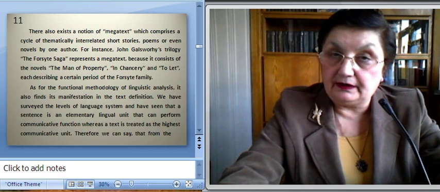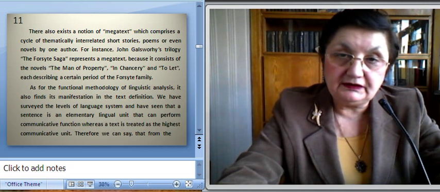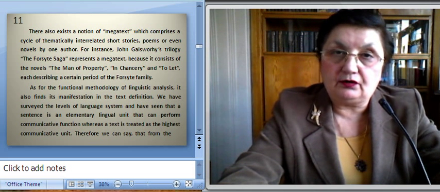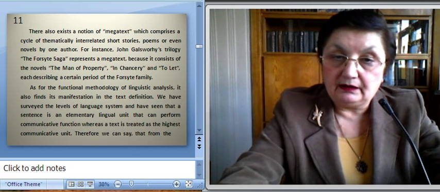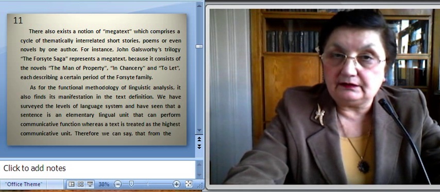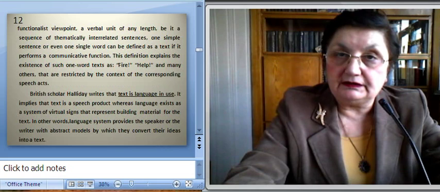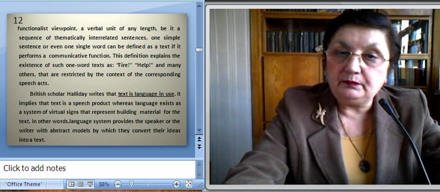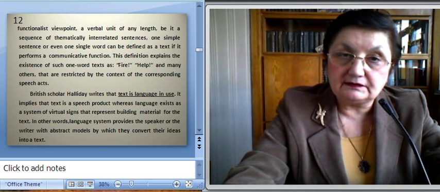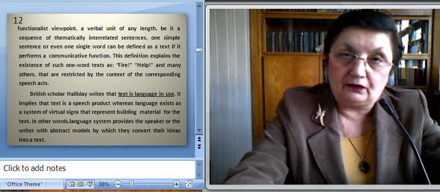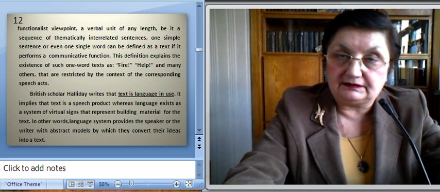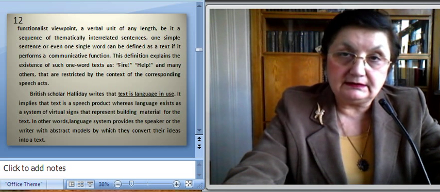Therefore, we can say that from the functionalist viewpoint, a verbal unit of any length, be it a sequence of thematically interrelated sentences, one sentence or even one word, can be defined as a text if it performs a communicative function.